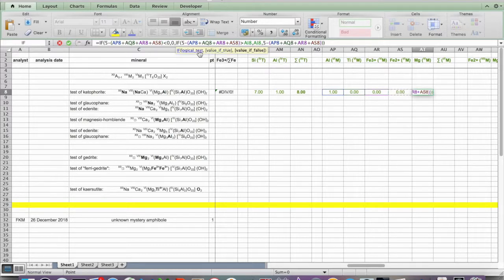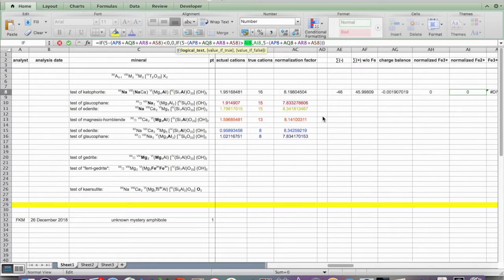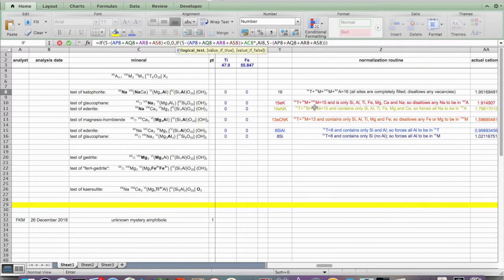And now we do have to make one additional adjustment, because right in here it says if 5 minus all the things that have to be in the 6 coordinated site is greater than iron 2, well, we're not looking at iron 2 anymore. Now we're looking at magnesium. And so this number has to change from AI8 to the normalization factor times the magnesium number.